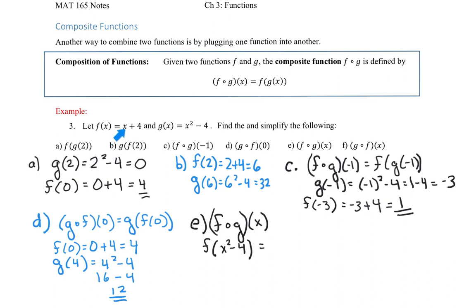But instead of writing x, wherever we see the x, we're going to write x squared minus 4 instead. So it will look like this. Here is our x. So this will end up being x squared.